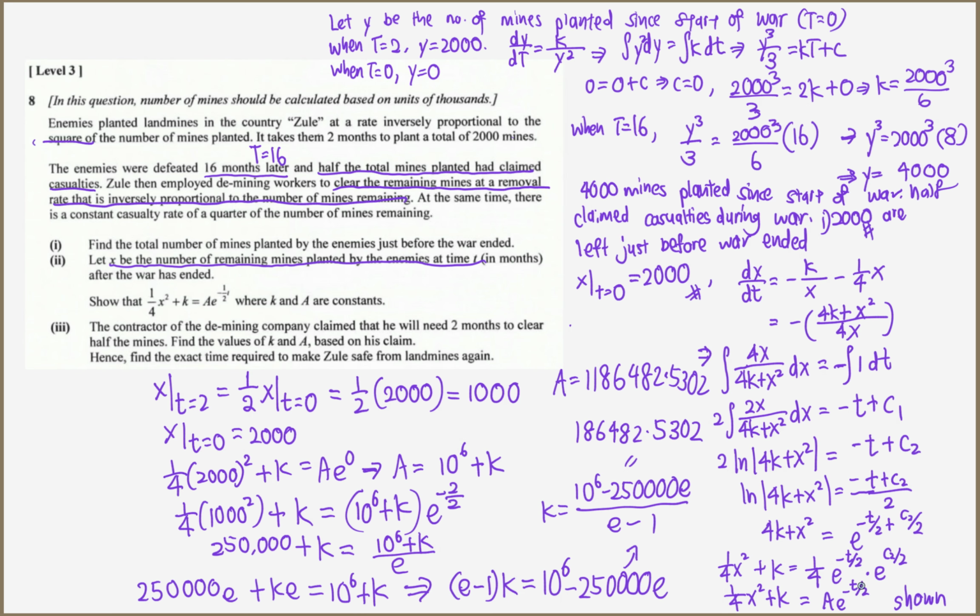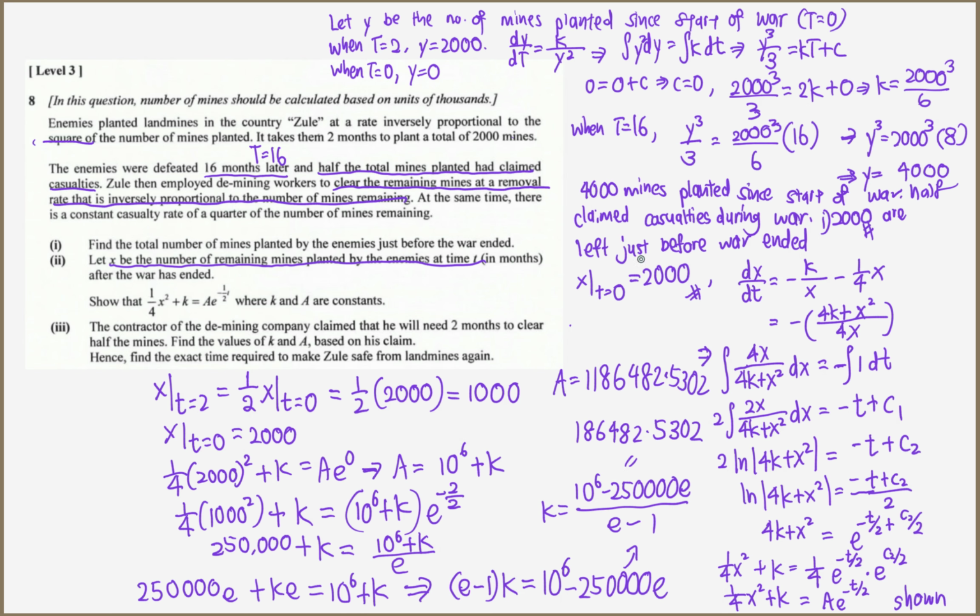From here, the contractor of the mining company claimed that he will need 2 months to clear half the mines. That means when t equals 2, the mines will be half of what was initially there, at time equal to 0.